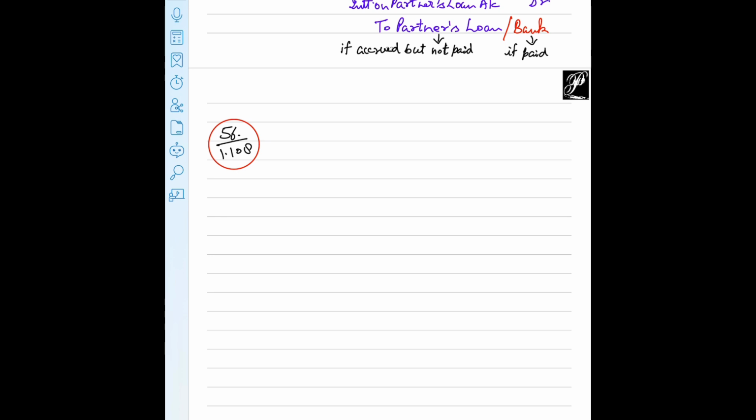In the third requirement, it asks for a journal entry for interest on Krish's loan to the firm.